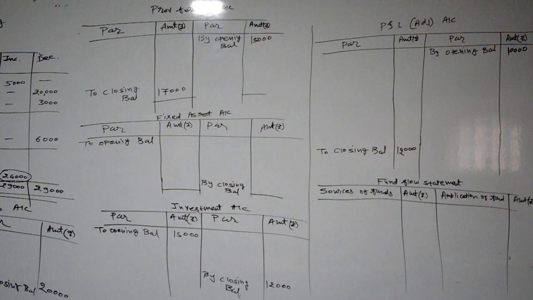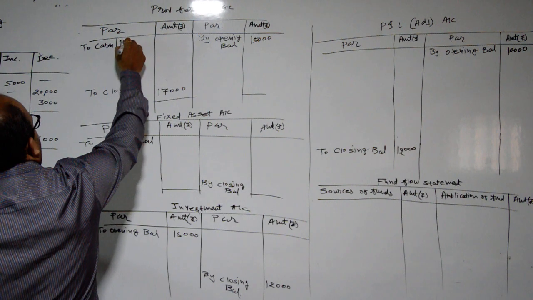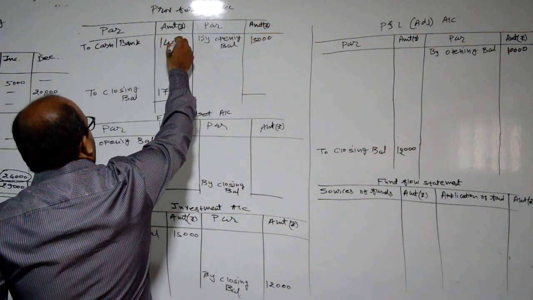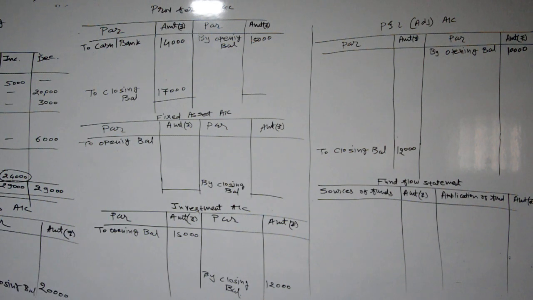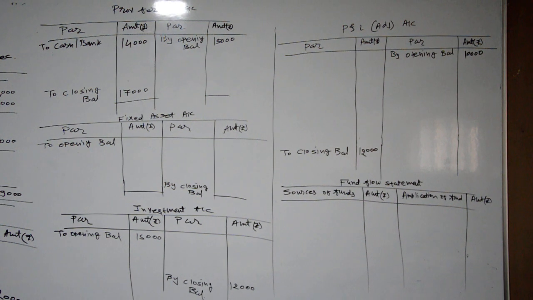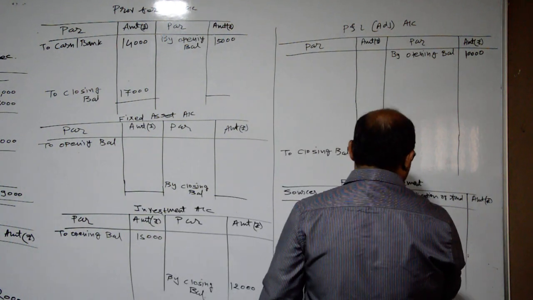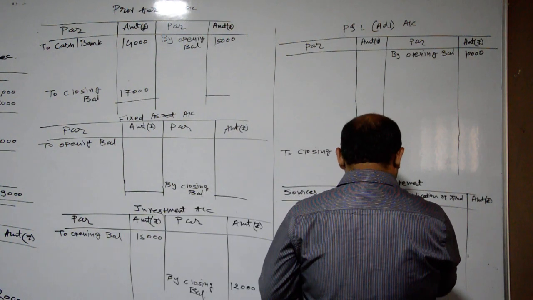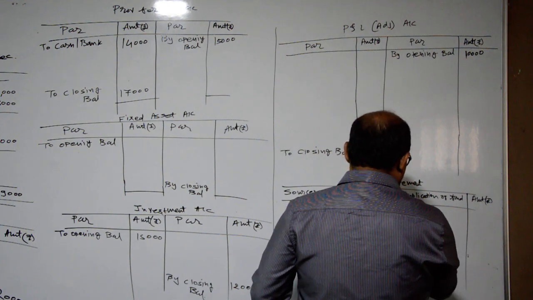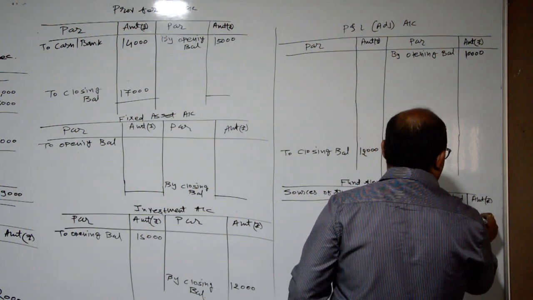Our first ledger is the provision for tax account, so the effect will be given on the debit side, to cash or bank, 14,000. The second effect will be given in the application of funds side because we are paying money for that purpose. In the fund flow statement, in application of funds, taxation paid, 14,000.